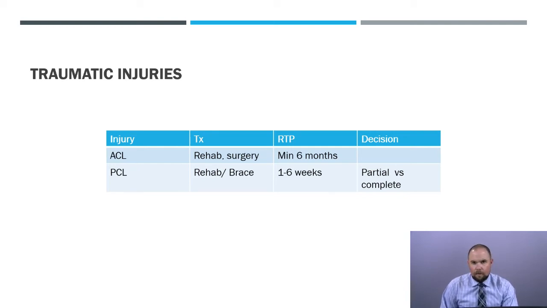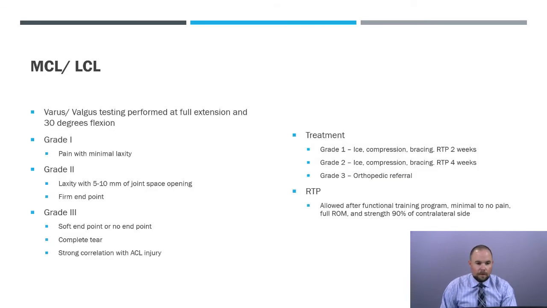ACL, typically in most individuals would be surgery, and return to play is minimum 6 months, sometimes longer than that. Posterior cruciate ligaments are really rehabbed more. They don't operate on these as much, and so it's more of a rehab, bracing, and then you can typically get back to play a little quicker in that 1 to 6 week mark.